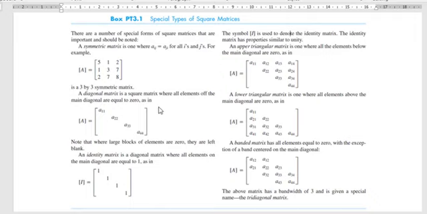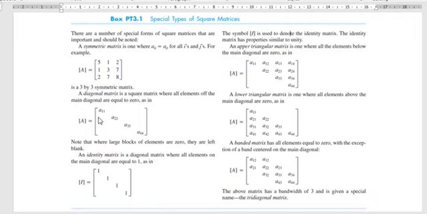A diagonal matrix is a square matrix where all elements off the main diagonal are equal to 0. So only the diagonal has values, A11 and so on. Note that where large blocks of elements are 0, they are left blank.